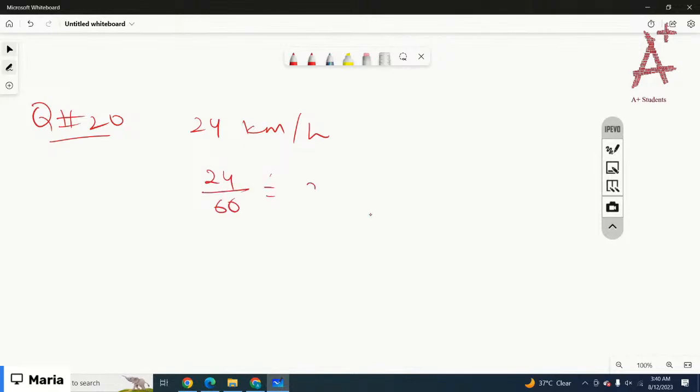So it would be 0.4 hours, right? So in 1 hour he is doing 20 kilometers. So 20 times 0.4 equals 8 kilometers. That means in 0.4 hours he will do 8 kilometers, right? So his school is 8 kilometers away from his house, right?